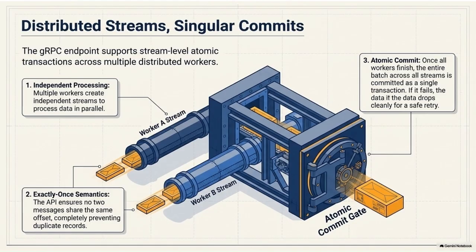What will happen is that there might be a failure to load one of the streams of data. Then there is an atomic commit to it. Atomic commit means once all workers finish the entire batch, only then is it committed. All the streams are committed as a single transaction. So you need to understand transactions before understanding this concept.